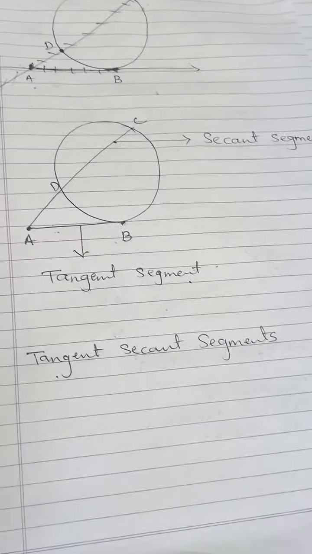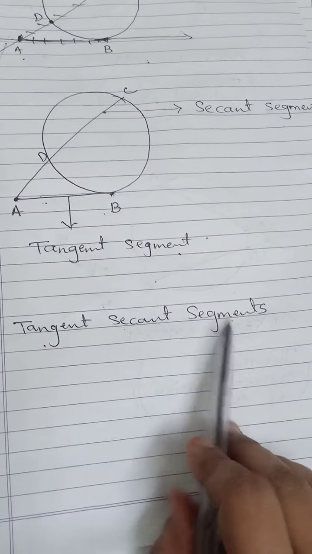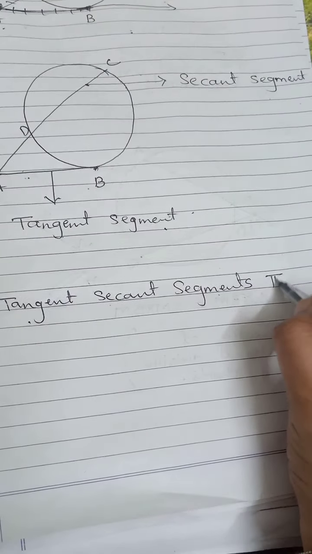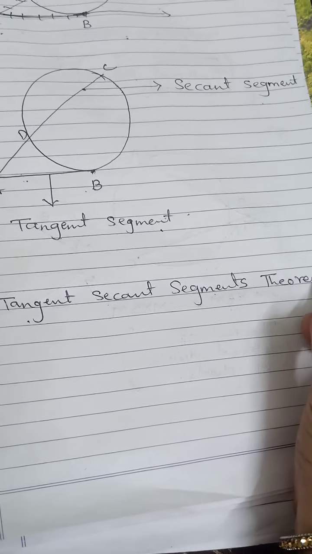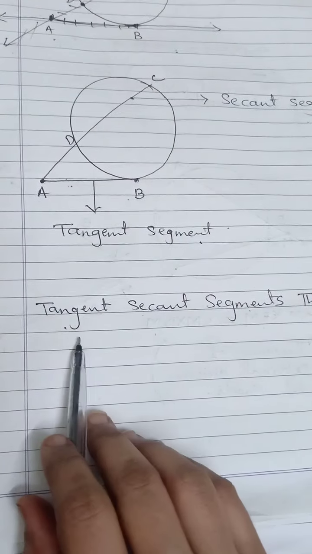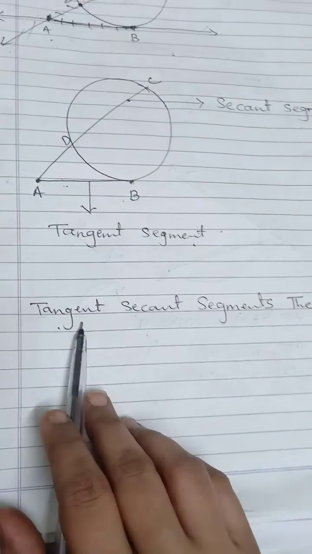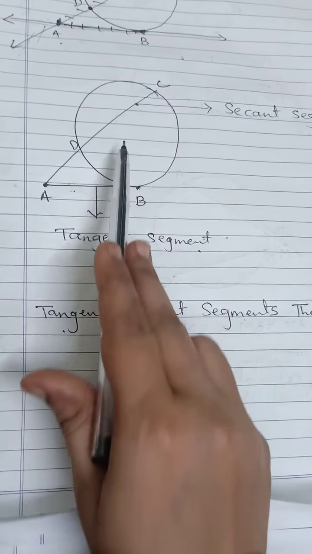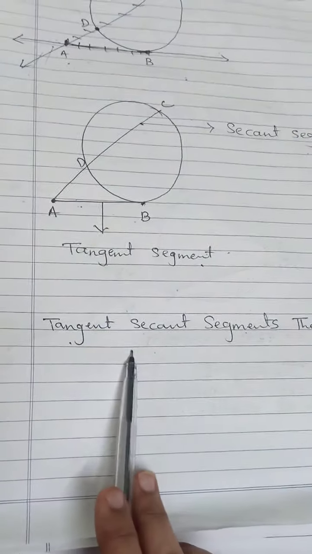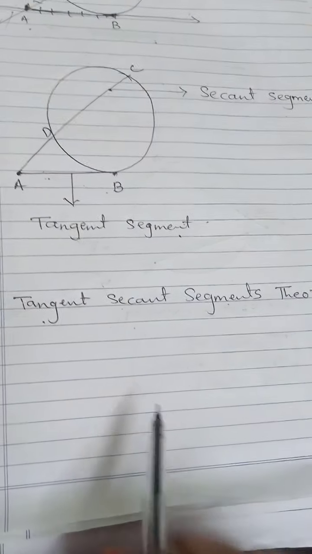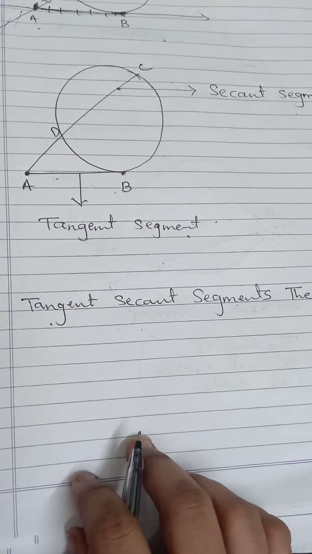So we will write here the plural form, that is segments. So tangent, secant, segments, and the theorem which we will use is the tangent secant segments theorem. Like that the name of this theorem arises. So it is easy to understand and easy to remember also. One side is tangent, another side is secant, and the reason which we are going to use is the tangent secant segment theorem. Now what does this theorem say?